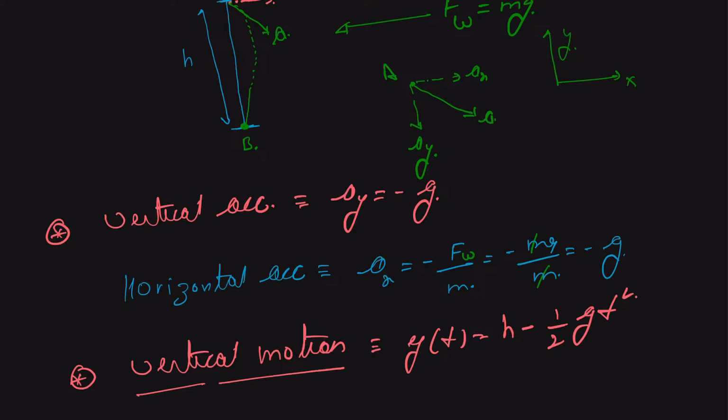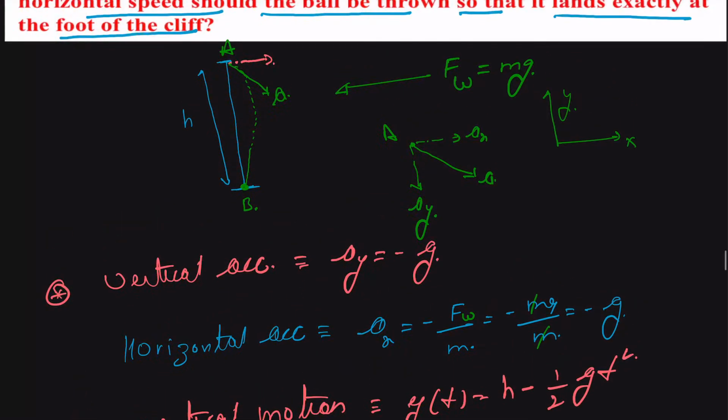And it is given in the question that the ball is going to travel from A and it should end at B. It means that as soon as it reaches point B, this y of t will be equal to 0.